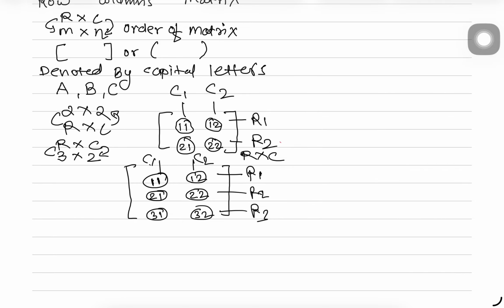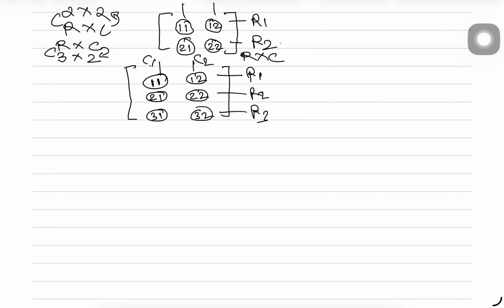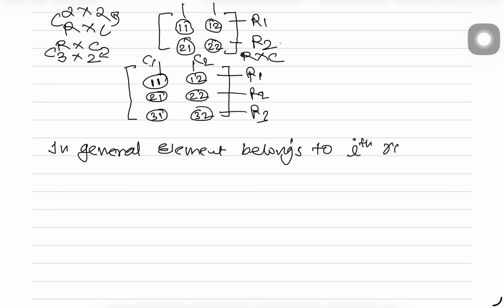By this positioning, there is another definition of matrices: in general, the element which belongs to the ith row and jth column of matrix A will be denoted by A of ij.